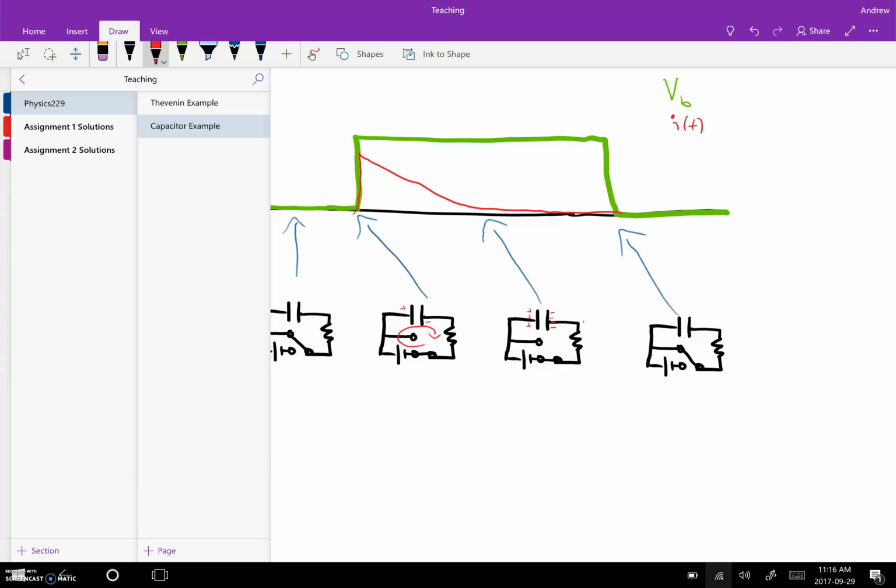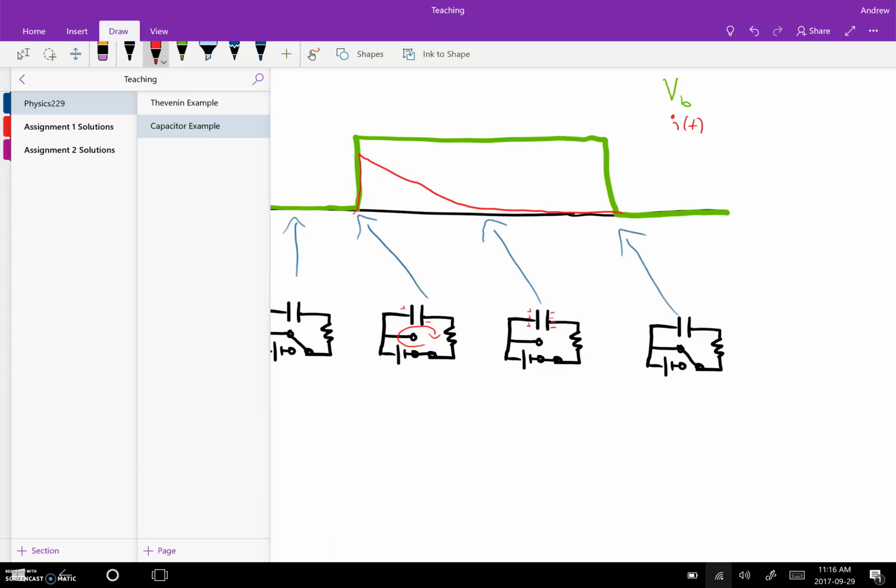So there's no current flowing, for example, through this resistor. And that means that there somehow has to be a voltage created by the capacitor that opposes the battery. So if we have a voltage gain from the battery, we have to have a voltage drop from the capacitor, because no current means no voltage is dropped across the resistor.